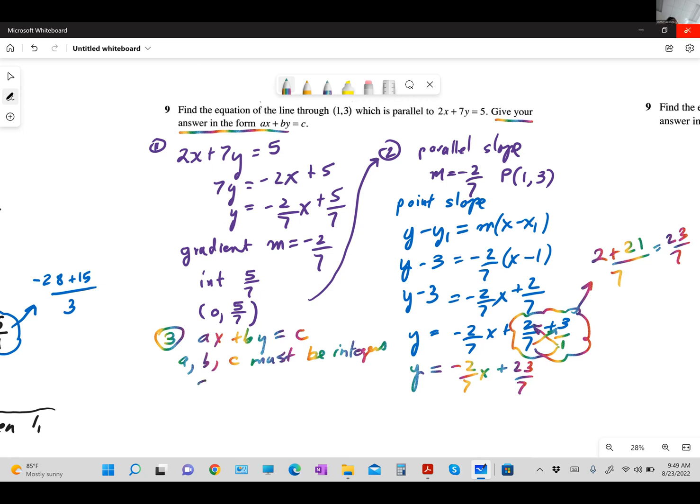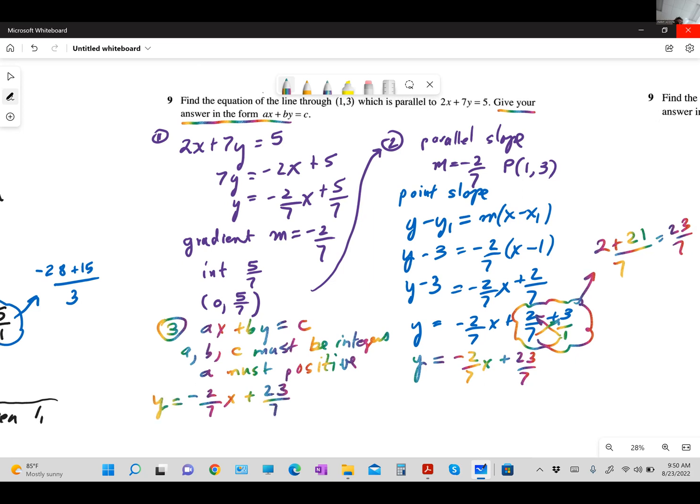And a must be positive. That's the other requirement. So we have -2/7 x plus 23/7 equals y. Just like that.